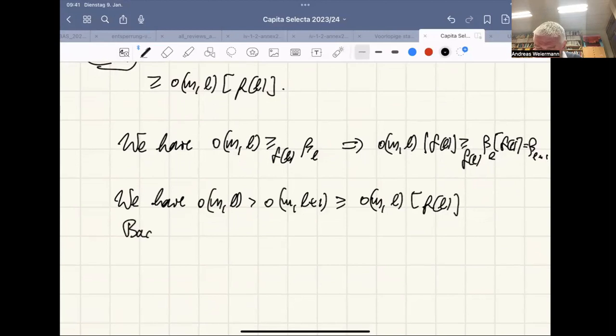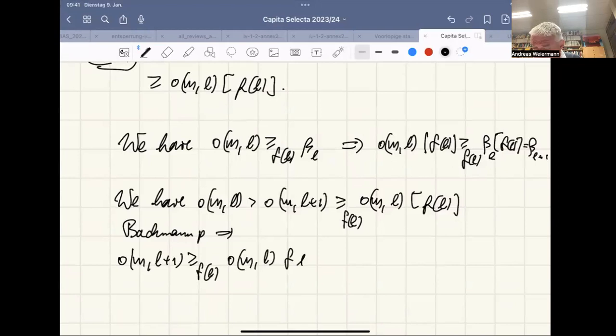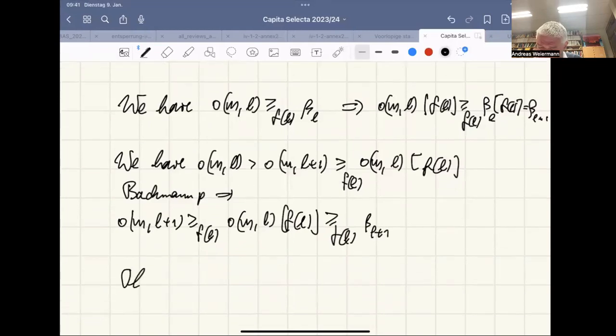Now, the Bachmann property implies that this here can be stretched into an f of l. So O of ml plus 1 steps down to f of l, O of ml f of l steps down to beta l plus 1. And once we have this, then, of course, we can make f of l bigger. O of ml plus 1 also steps down along f of l plus 1 to beta l plus 1, and we can continue.